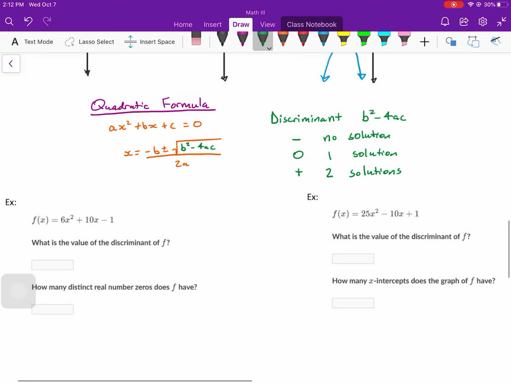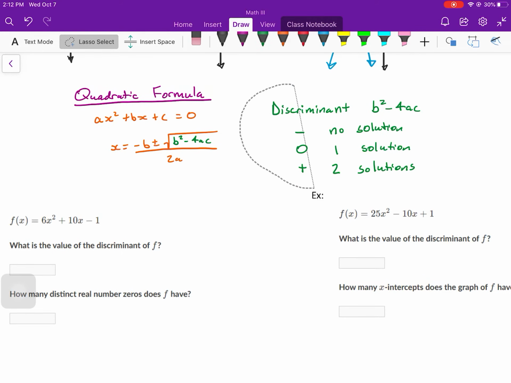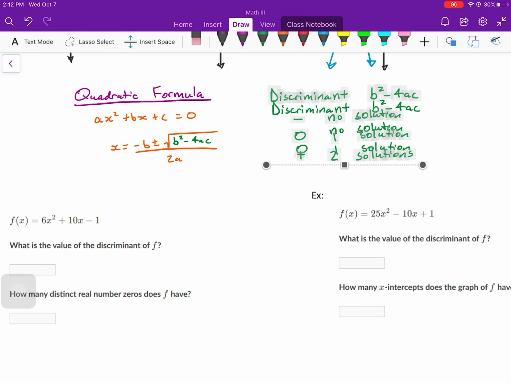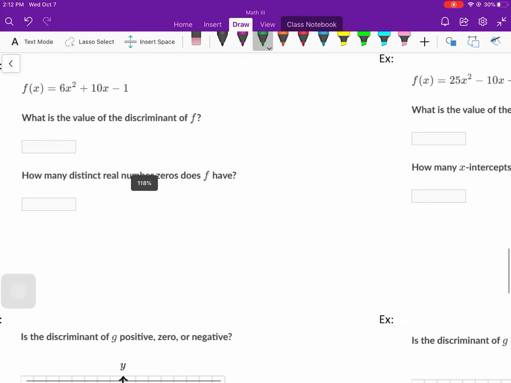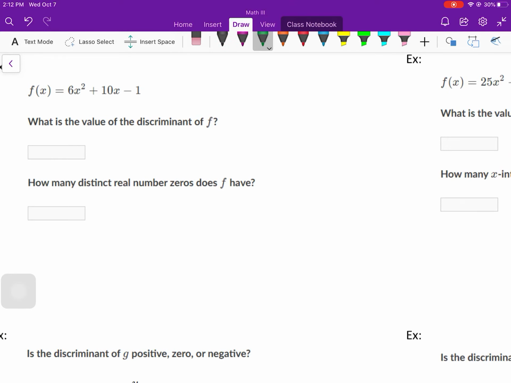So how do we use this? Well, the discriminant is b squared minus 4ac. So if we want to find that value, you just plug them in.